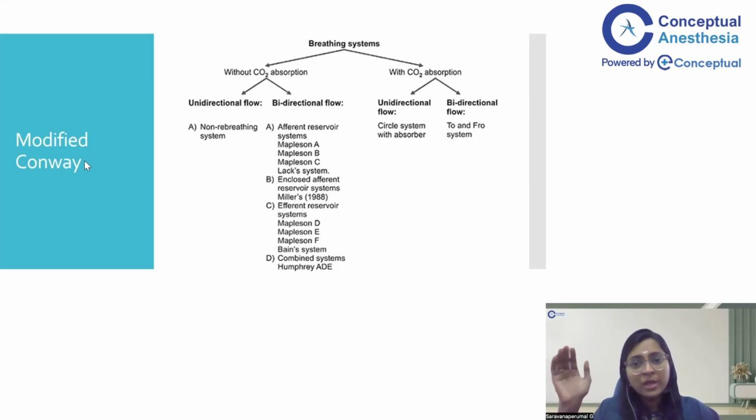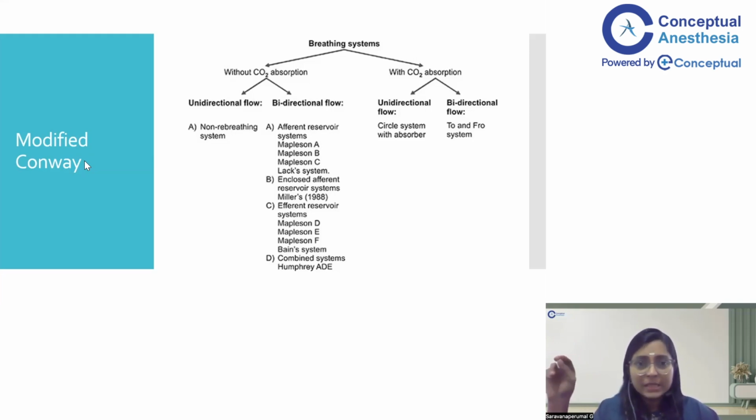If there is a unidirectional flow valve, then it is a unidirectional system. If there are no valves and the fresh gas flow as well as the expired gas is flowing bidirectionally, then it becomes a bidirectional flow. So with carbon dioxide absorption, the unidirectional system is the circle system, and the bidirectional flow system is the Waters to-and-fro canister.